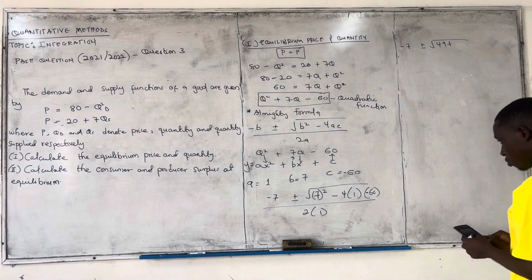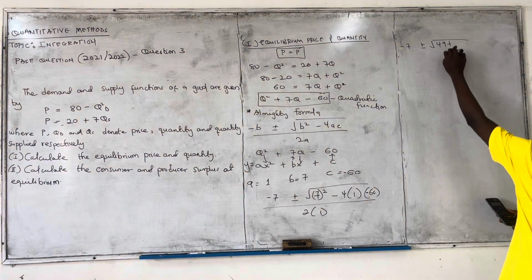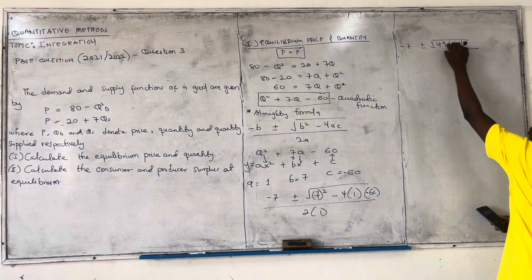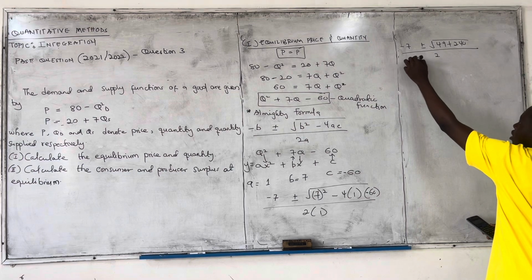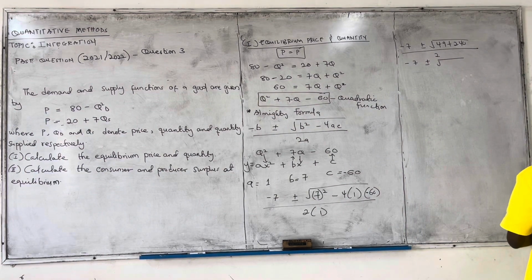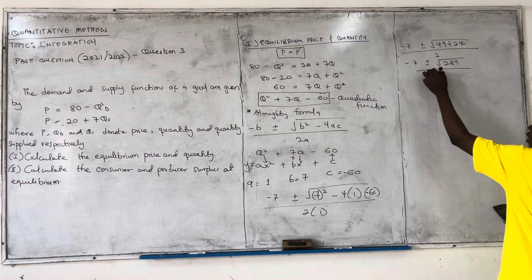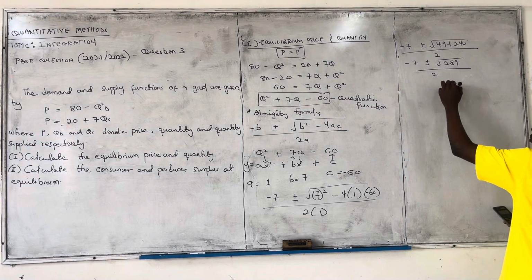So 4 times 60 gives us 240 here. This is over 2. This is minus 7 plus or minus the square root of 49 plus 240, which gives us 289, divided by 2. So we separate this.